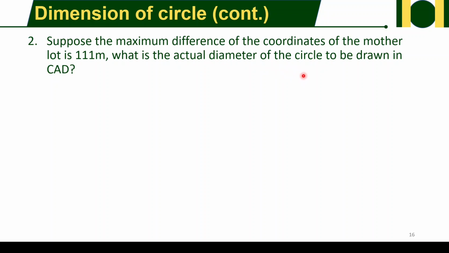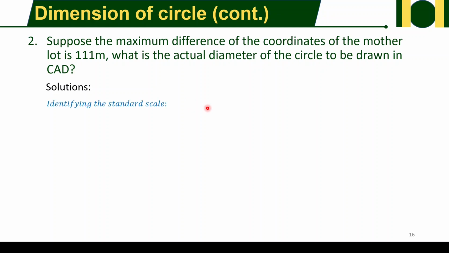In order for you to identify the actual diameter of the circle, you have to know the scale. Here you are only given a maximum difference. However, you can compute the scale using the maximum difference, using the formula you have.